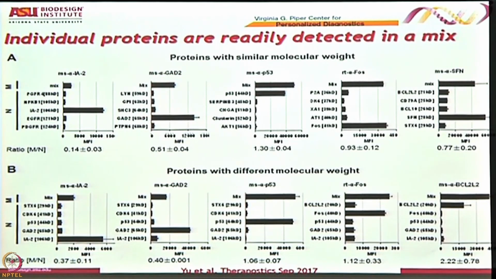We can see it as a single protein. Here's anti-p53. It turns out that the mix was even better than the single protein. Here's anti-FOS. You can see that the mix was about the same as the individual spots. And here's, I can't read that, SFN. And again, you can see that they're comparable.